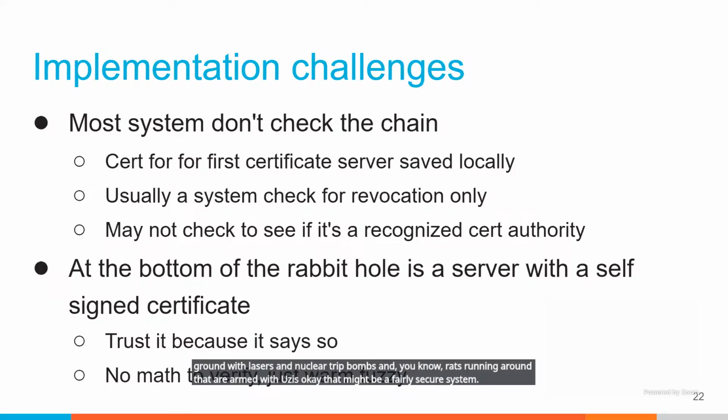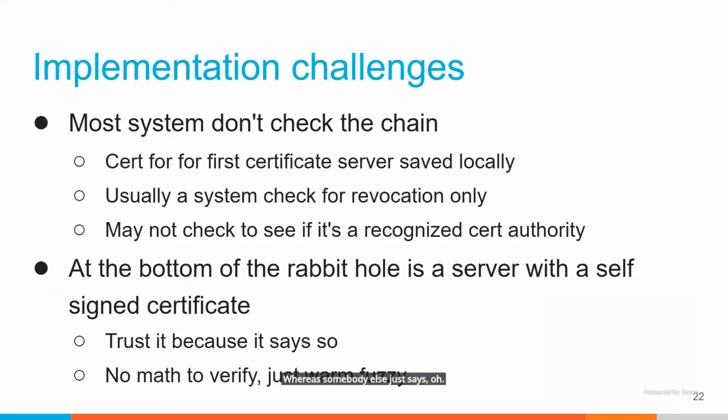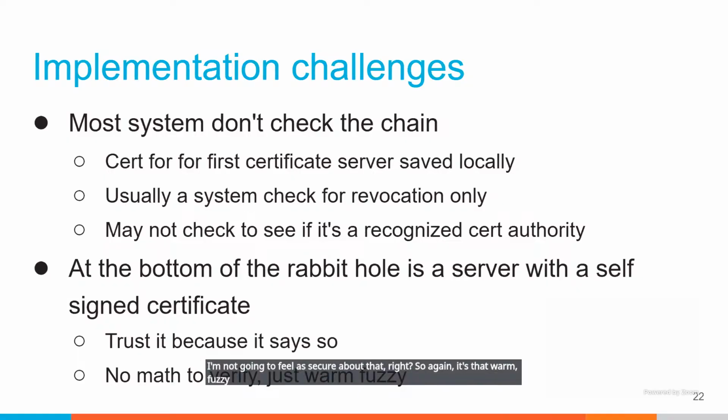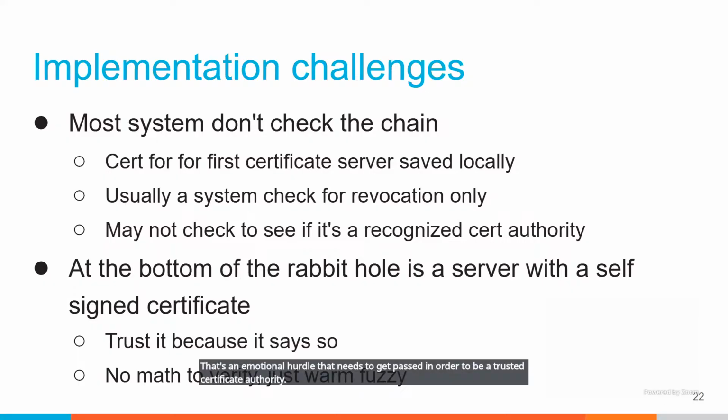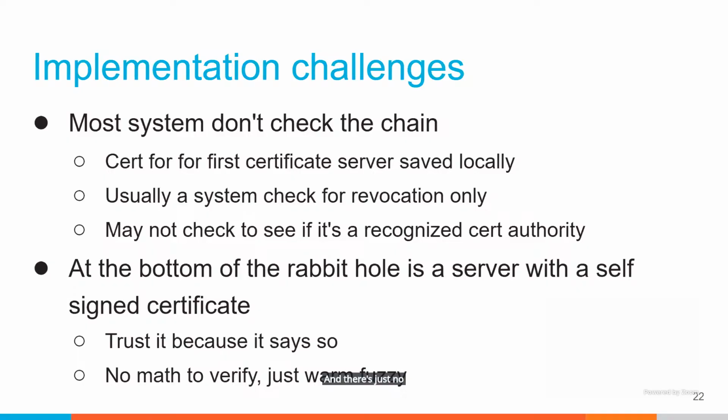Whereas somebody else just says, oh, well, we don't hook that server up to the internet all the time. I'm not going to feel as secure about that, right? So again, it's that warm fuzzy about what they do with that. That's an emotional hurdle that needs to get passed in order to be a trusted certificate authority. And there's just no math to fix that with what we figured out so far.